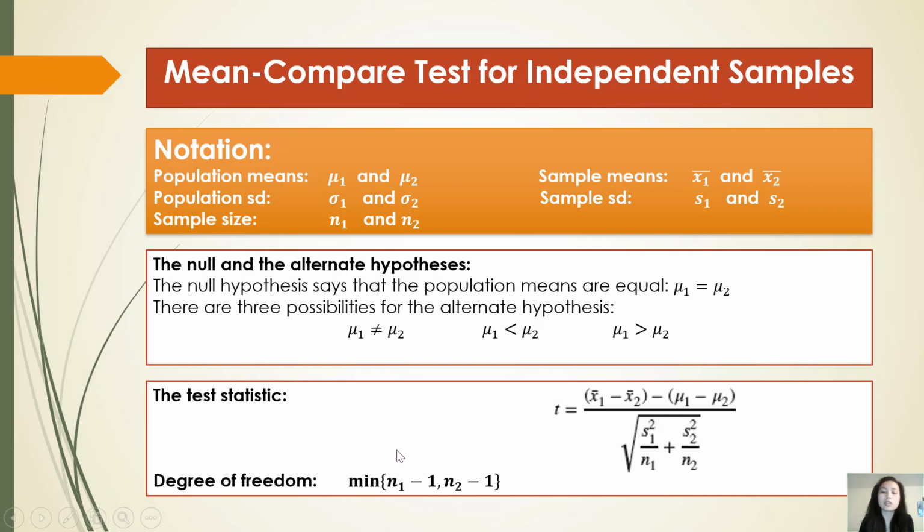If you run the test by hand, you should use this degrees of freedom. Of course, when you use software to find the degrees of freedom, or the test statistic, or run the test, it will give you a slightly different answer, because the computer and the calculator are set up to find the degrees of freedom using the more accurate formula.